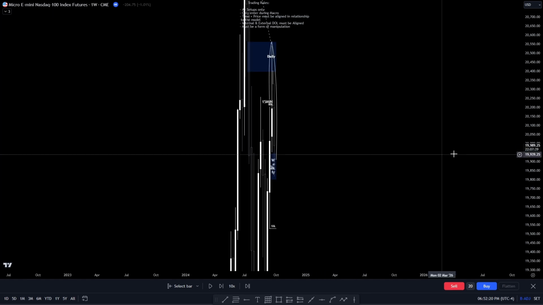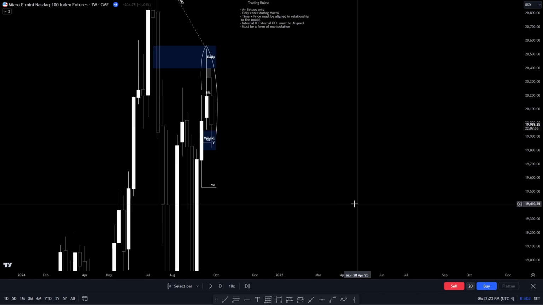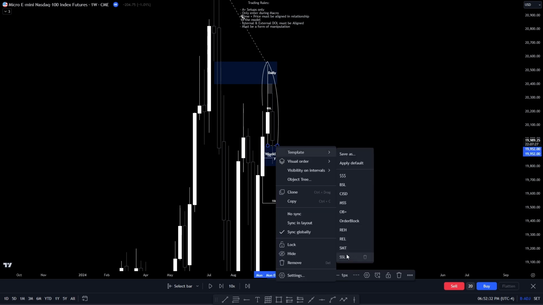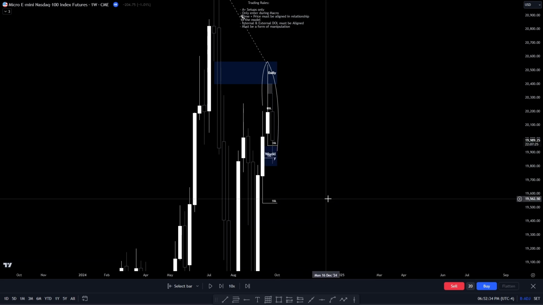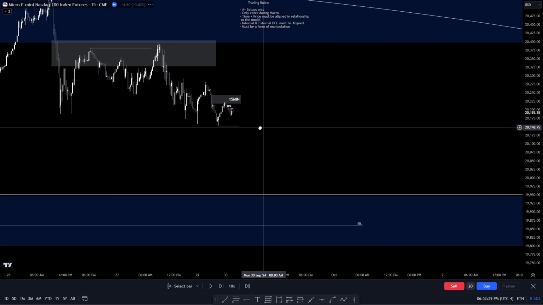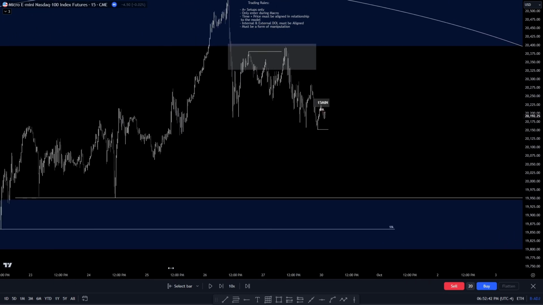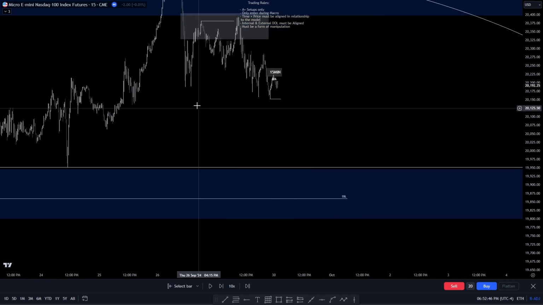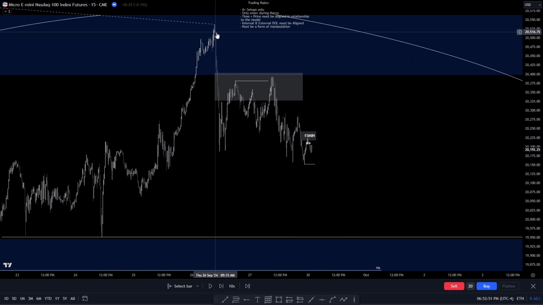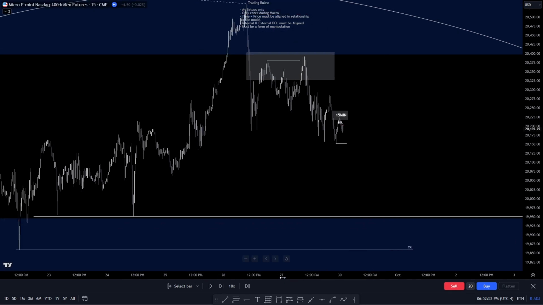So let me show you guys. This right here, I had a sell side liquidity level. This sell side liquidity level right here represented the weekly fair value gap I expected us to retrace into and form this higher time frame market maker sell model.